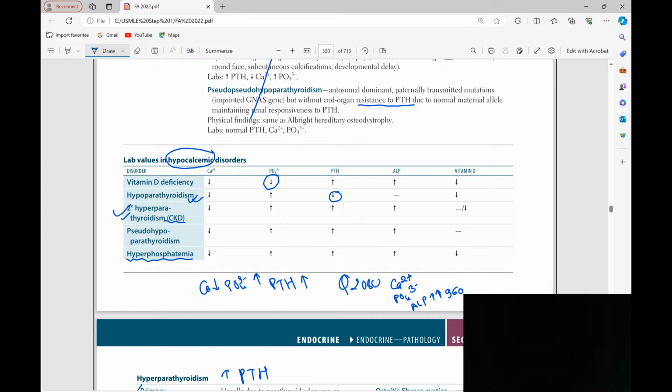If it is due to alcohol or a problem with the liver, then gamma GT will increase, whereas if it is due to a problem with bone, then only ALP will be increasing, and gamma GT will have no role.